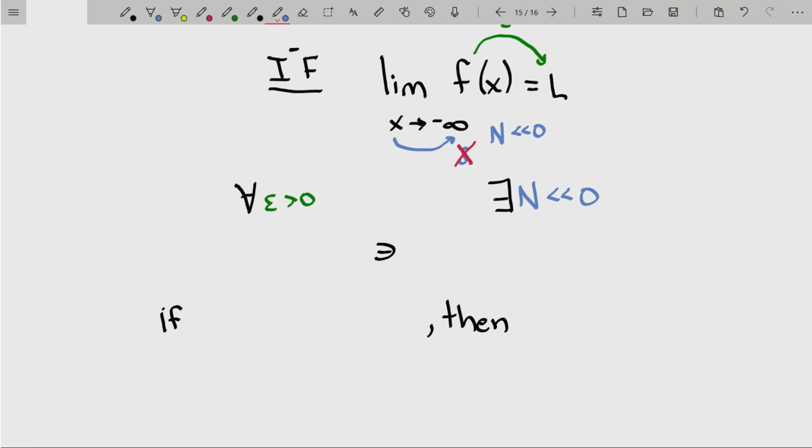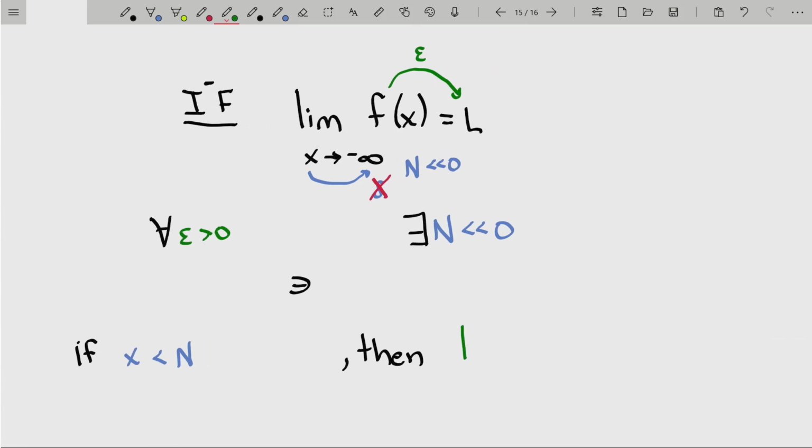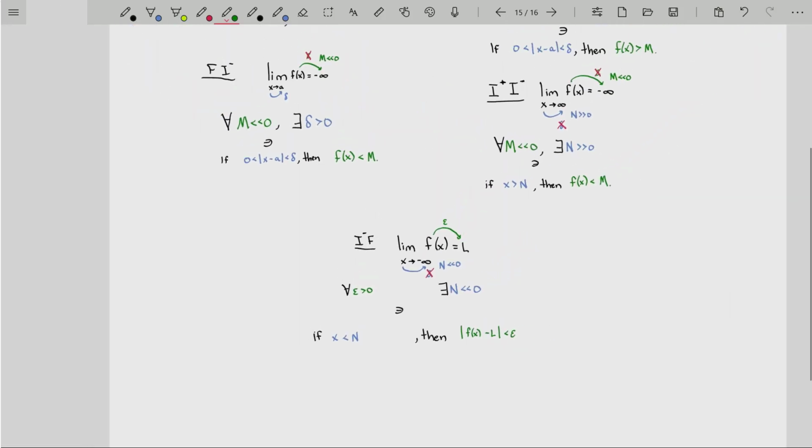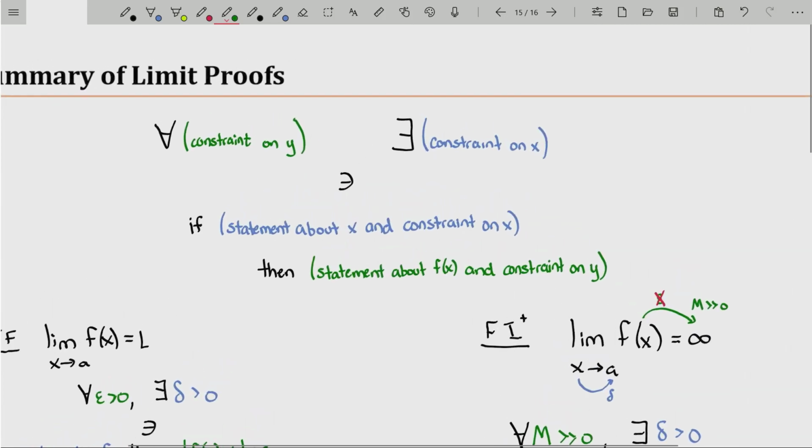So if x is less than that n, then our statement about the constraint on the y values, which is epsilon, and our function, would be that the distance between our function and our limit is less than epsilon. Again, all of these follow the same format.